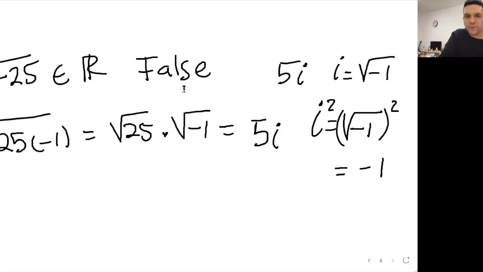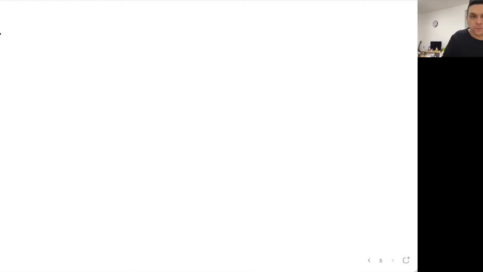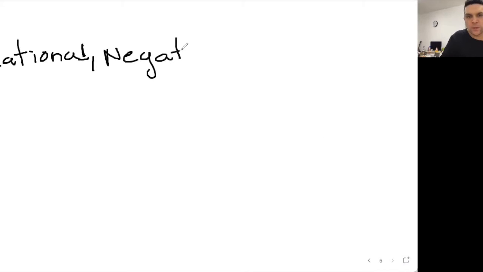Give an example of a number which is rational, negative, and not an integer. Okay, rational, negative, and not an integer. I like to use Z because that's what I'm used to, not an integer.